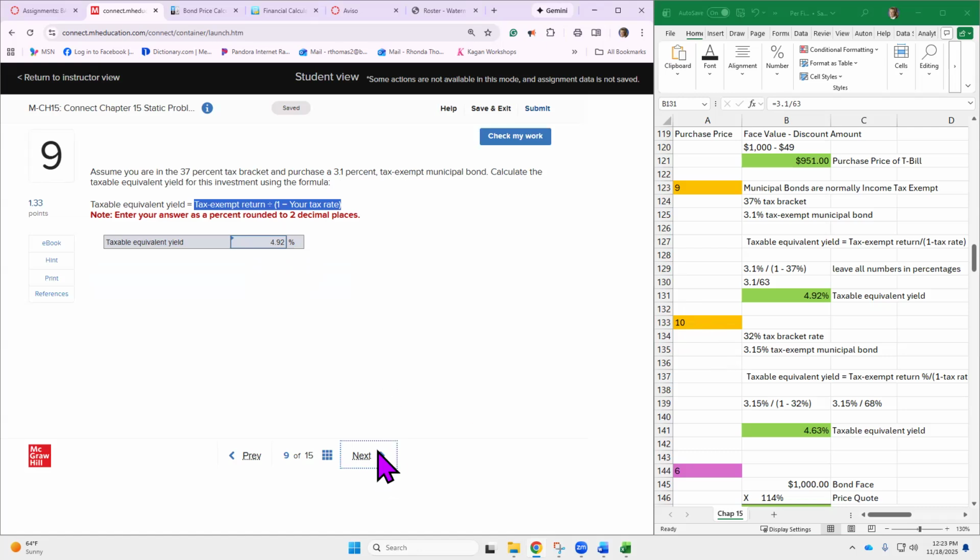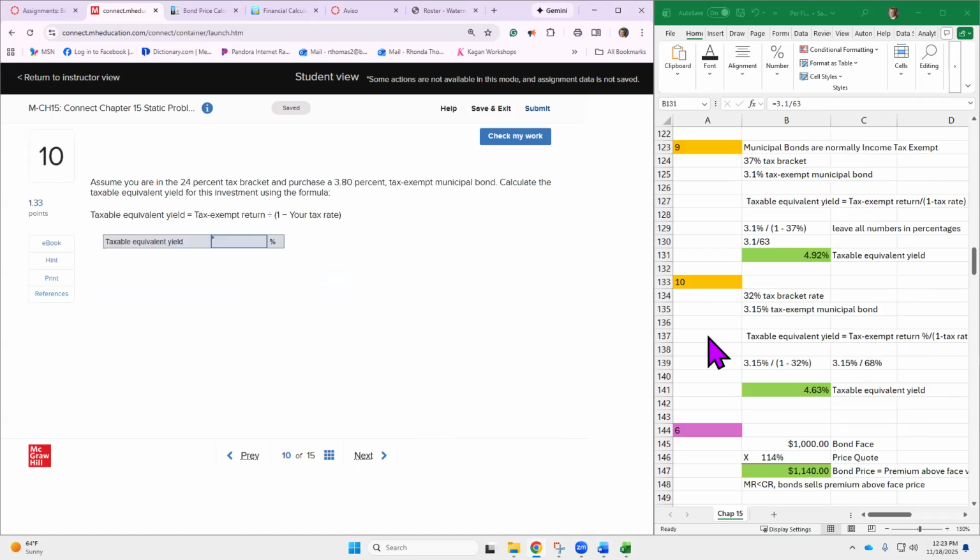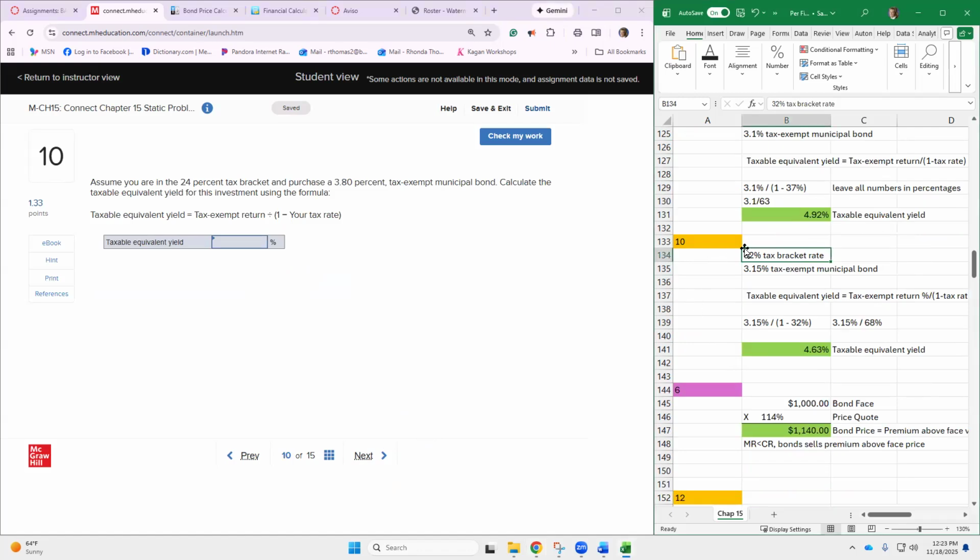All right, let's go to number 10. I think this is pretty much just like what we did. This time in number 10, we're dealing with a 24% tax bracket. Our municipal bond that is tax exempt is paying 3.8%. So we're going to use that same formula. We take 3.8%, 1 minus 24%.